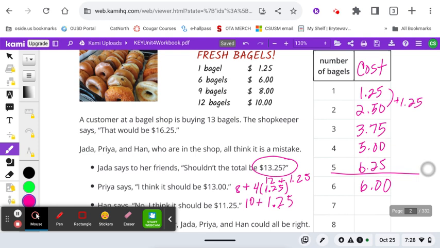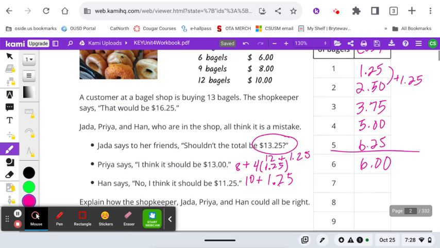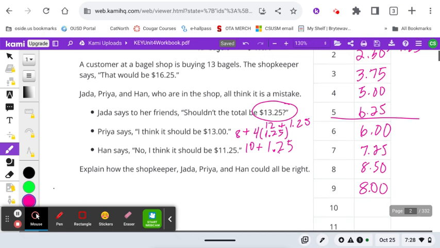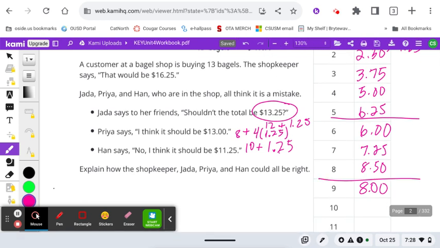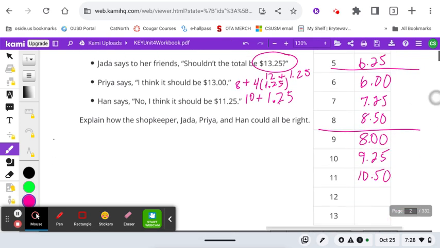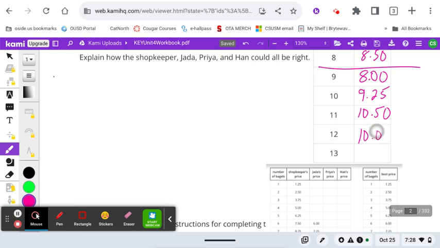So it's like a savings, right? Then we would add $1.25 again till we get to the $9 mark, and there we go again with the $8. So it's better just to get that discount of $8. And then we keep adding $1.25 again till we get the deal for 12 bagels, and that was $10.